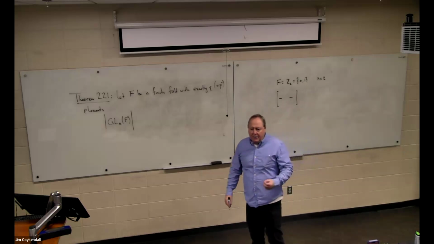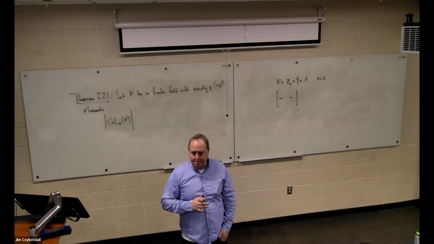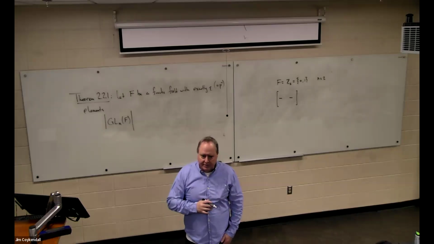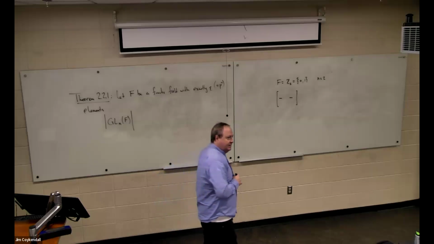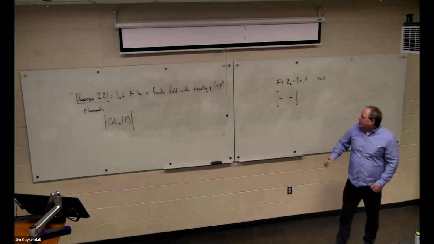I need to keep my matrix invertible, so I need to keep that determinant non-zero. Everybody agree with that? What choices do I have for the top row? Think of the top row as a vector.